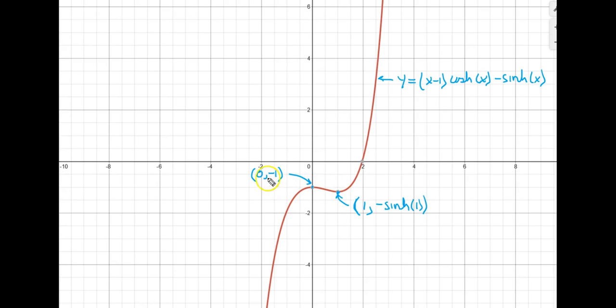That point right there is 0, negative 1. That's the one that we found. And right here is 1, negative the sinh of 1. Once again, notice if I put 1 up in here for x, we get this term being 0, and I recover negative the sinh of 1. So that's where this is coming from. And yes, it does look like we have relative extrema at the points that we identified.